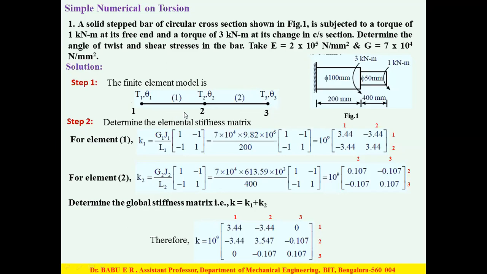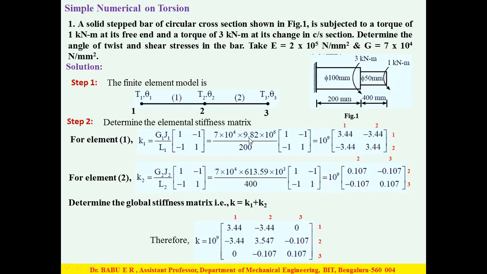Go for element 1. We know the stiffness matrix is given as K equals GJ by L times the matrix [1, -1; -1, 1]. So for element 1, K1 equals G1 J1 by L1 times [1, -1; -1, 1]. The value of G is a constant, 7 into 10 to the power of 4. Find the value of J1. The polar moment of inertia J is given as pi d to the power of 4 by 32.